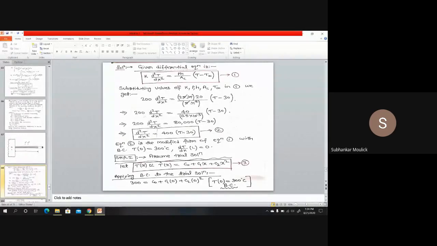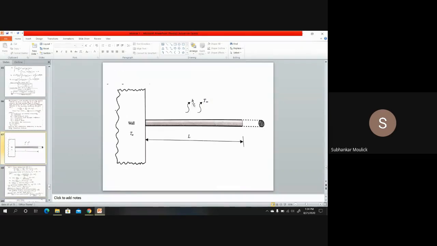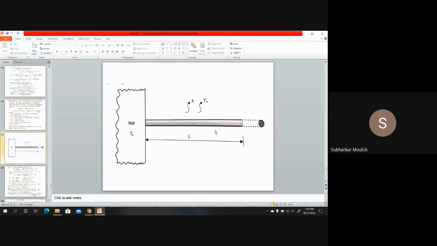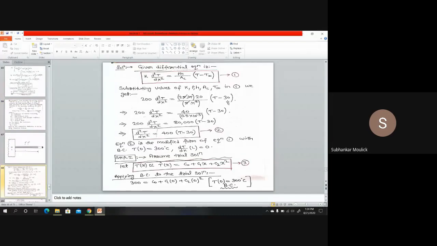Ac is the cross sectional area of the fin. Since the cross section is circular, the area will be pi r square, into (T minus T infinity). T infinity is the ambient temperature given as 30 degrees centigrade, so substitute T infinity by 30.